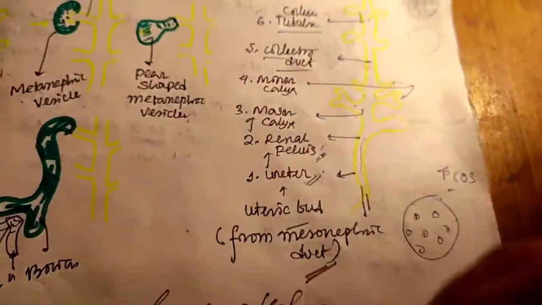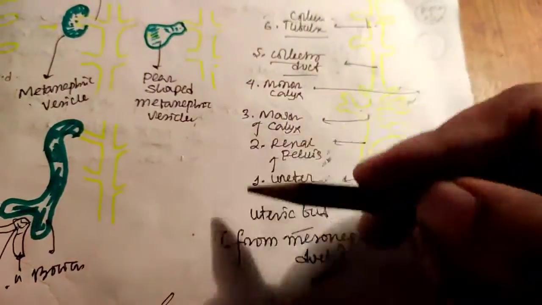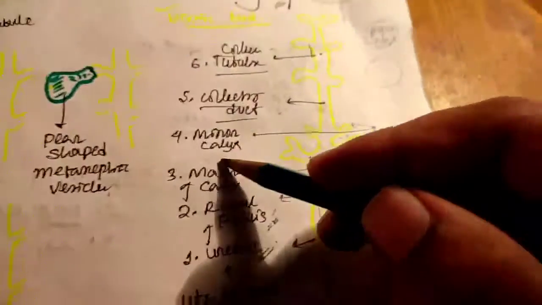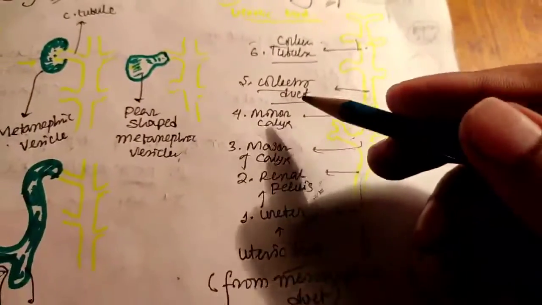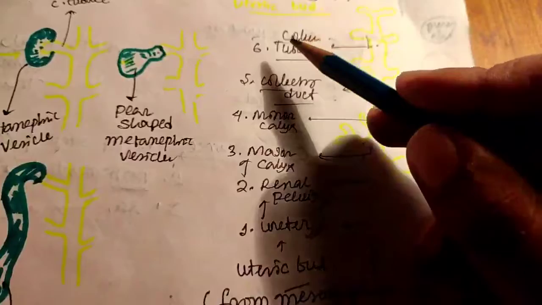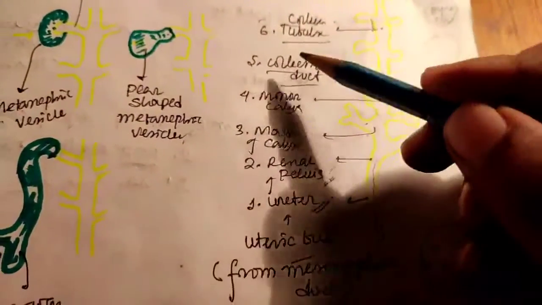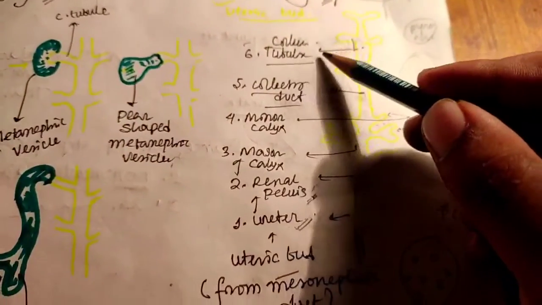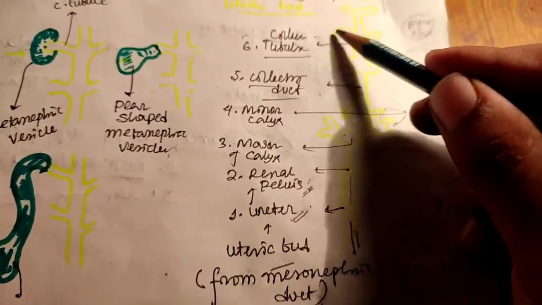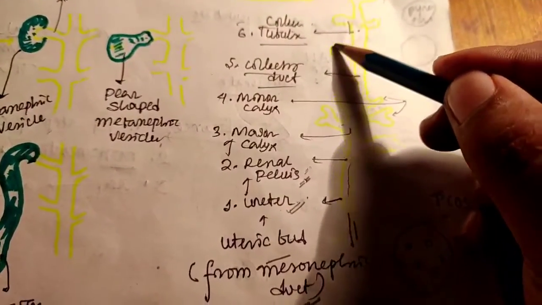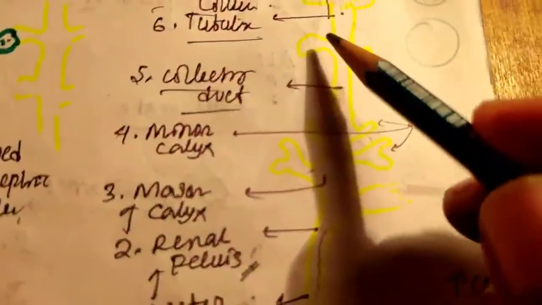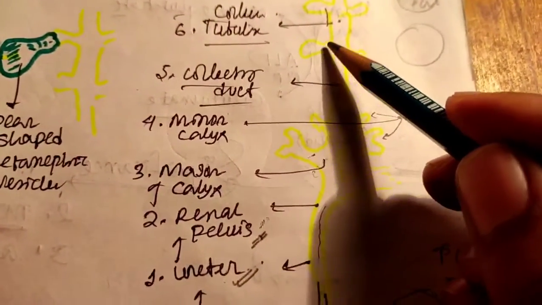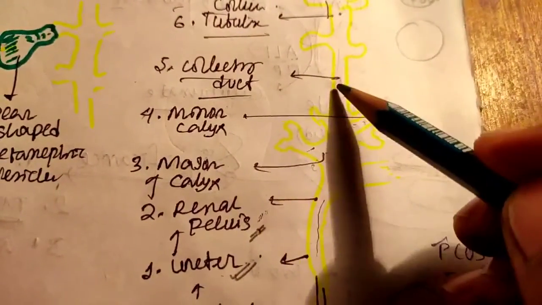This is the decreasing order, but the actual development sequence is reversed. Here you clearly see the collecting tubule. This portion is known as the collecting tubule, and this portion is known as the collecting duct.